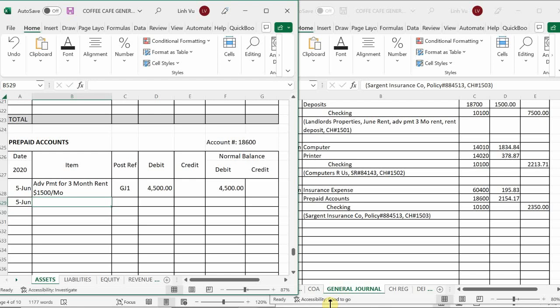The reason I'm making the second entry is that I made an advance payment for 11 months.